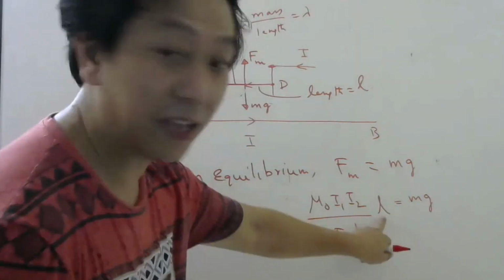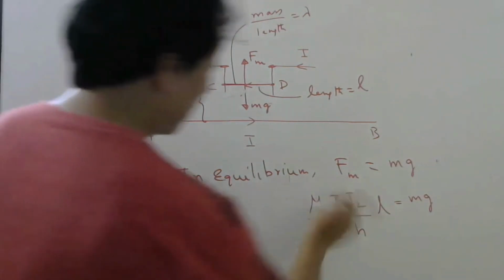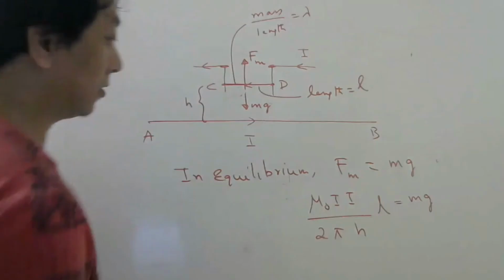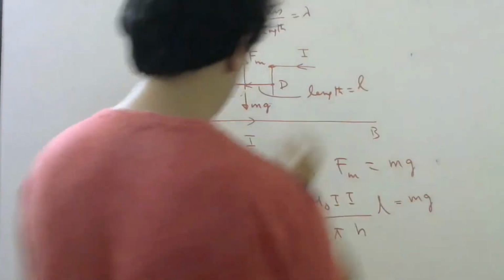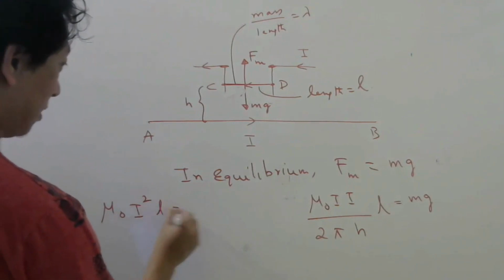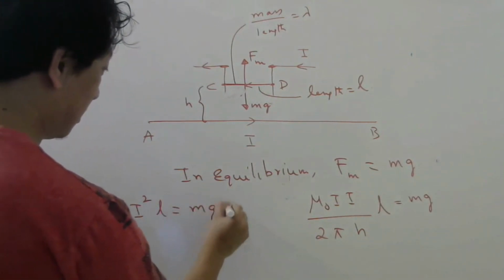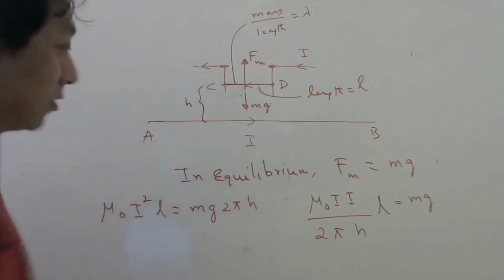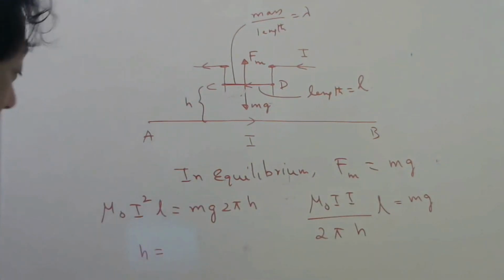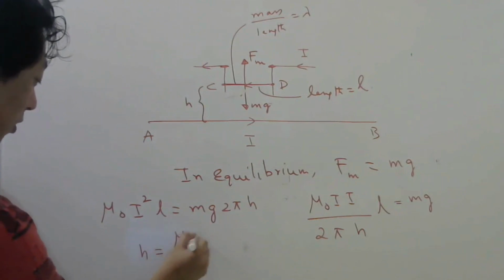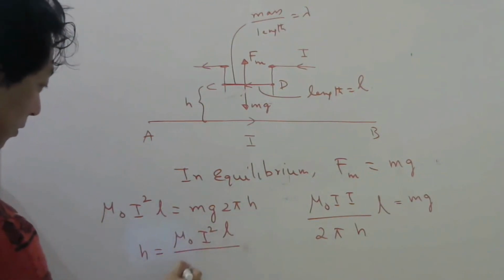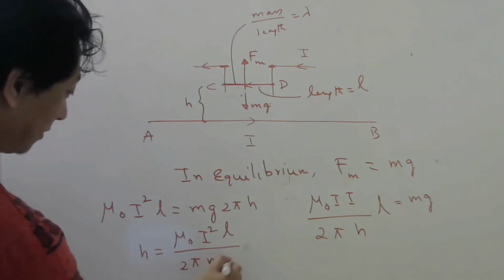So we have to multiply by this L. Here currents are the same in both of them, so I can write I. If you cross multiply, what will be your h? Mu naught I square L will be mg 2 pi h. Cross multiply, so your h, the height up to which it will go, will be mu naught I square L by 2 pi mg.